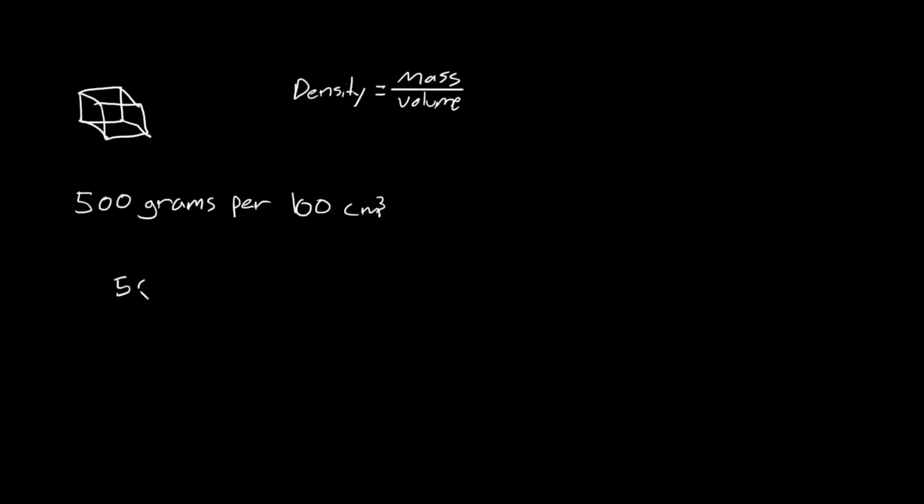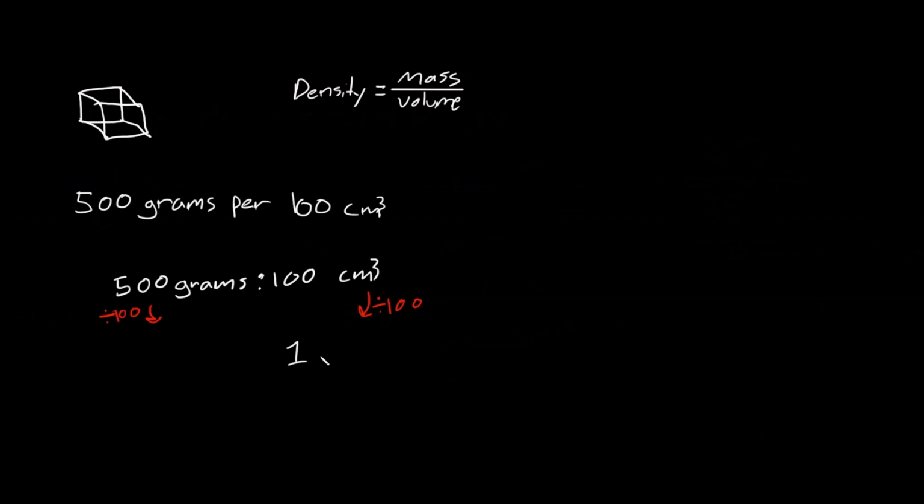We have 500 grams per 100 cubic centimeters. And then to get to 1 cubic centimeter, we are just going to divide by 100. Then we're going to do the same thing over here. 100 divided by 100 will be 1.